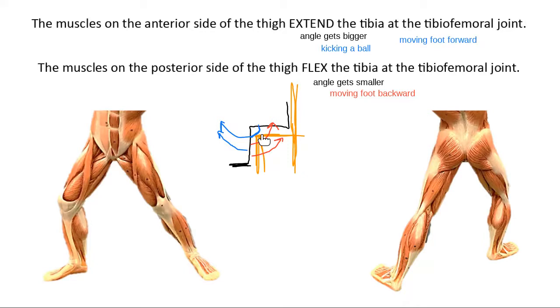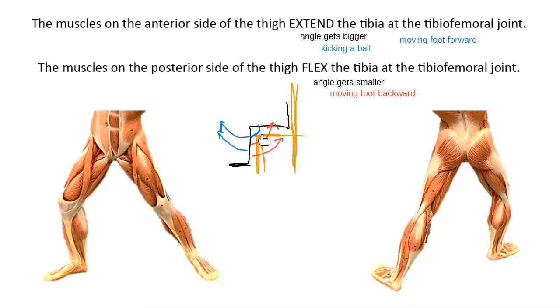That's extension. When your tibia moves forward, you can feel those muscles on the front doing it. When you bring your leg back down, you can feel those muscles on the back side of your leg bringing the tibia back down. Again, I mentioned you can use your body when you're taking the final exam or when you're doing homework. Please do use your body.